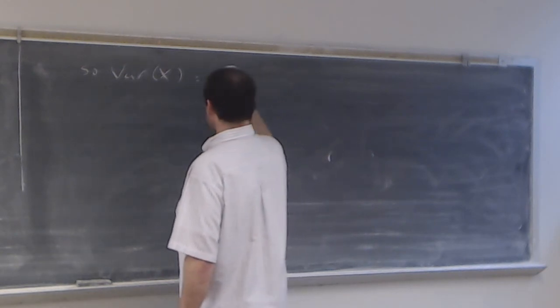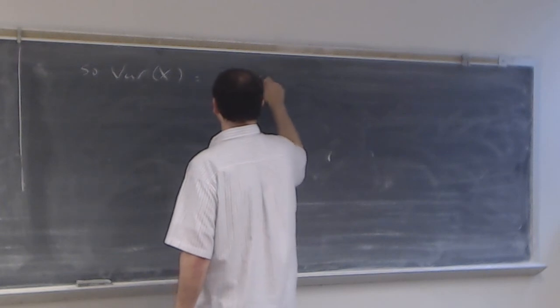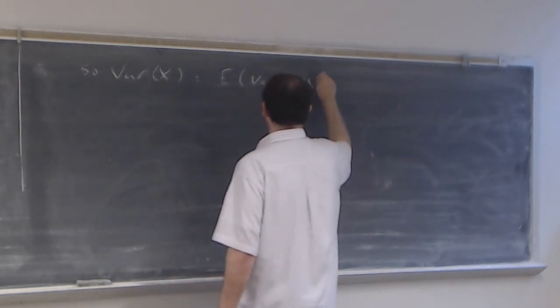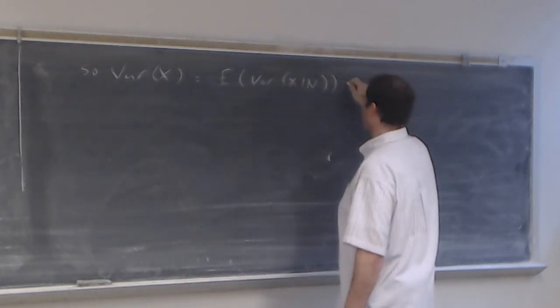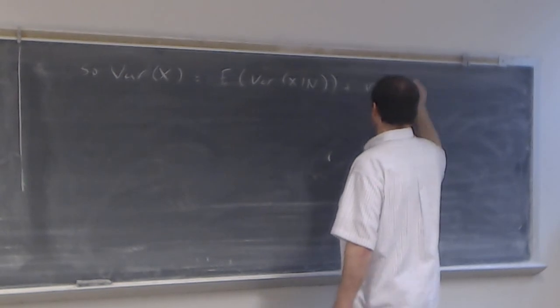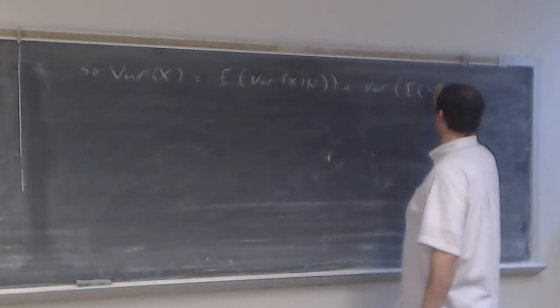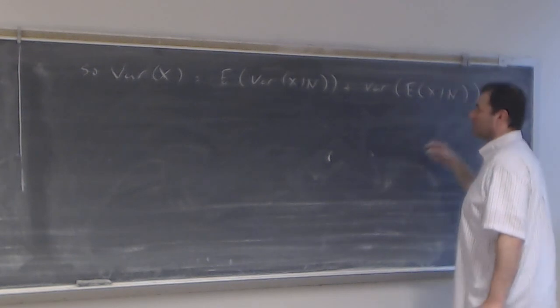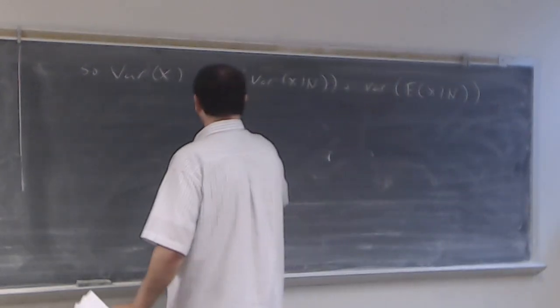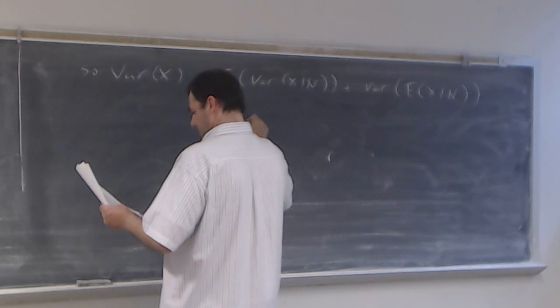It was equal to the expected value of the variance of X given n, plus the variance of the expected value of X given n. We just found these things. So here, this was sigma squared, I think.